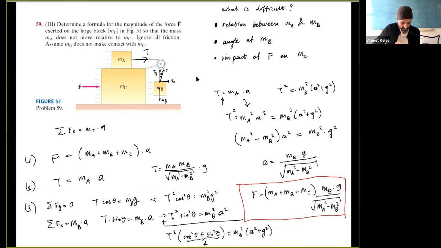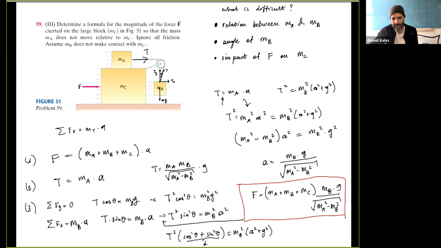Then T would be different. So we have to know something about how much it moves, or the problem should give us something about that. Or if you increase the force a little bit and break this balance, maybe MC is going to move faster than MA and you will slide back. So there are different possibilities that can make it more and more complicated.